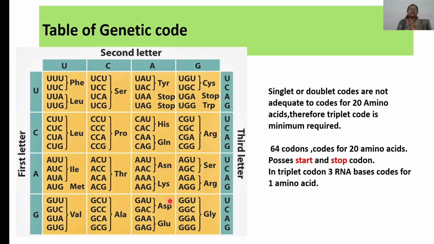You can clearly understand from this table. This is a table of the genetic code. See, singlet or doublet codes are not adequate to code for 20 amino acids.